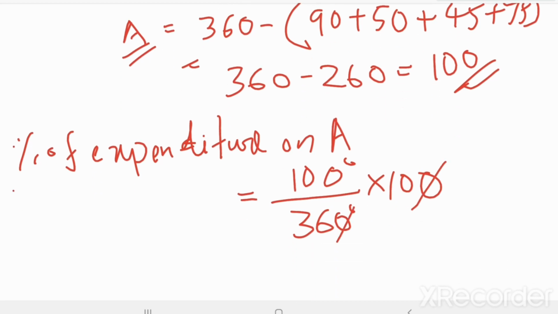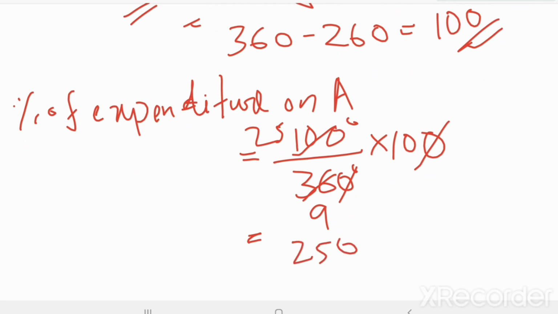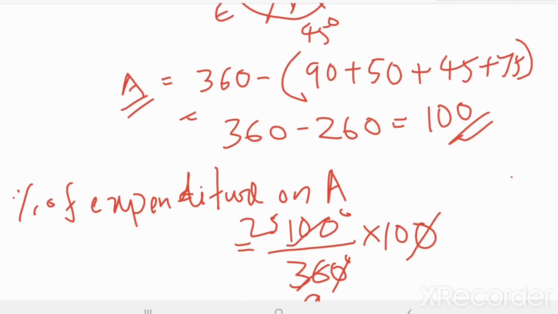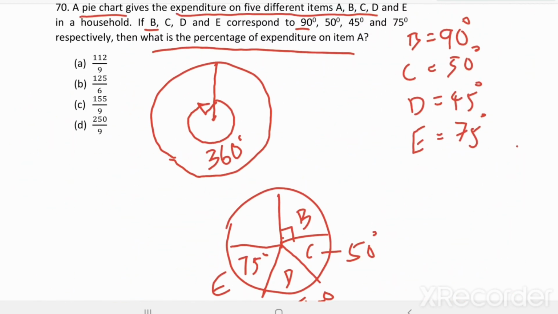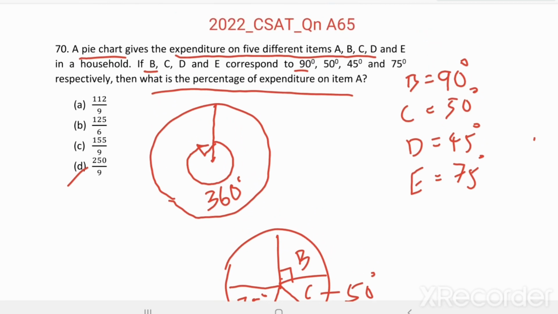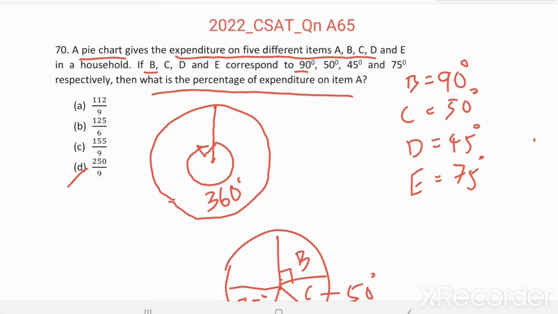This is equal to, here 4 9s are 36, 4 25s are 100, we get 250 divided by 9 percentage. Option D is the right answer. Percentage of expenditure on item A equal to 250 divided by 9.